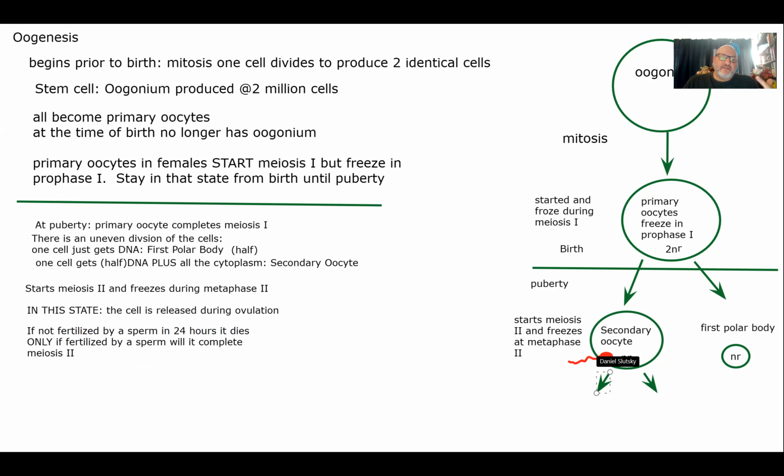And again, do you think it's going to divide evenly or unevenly? So again, we have a second uneven division, where again, we get 1 cell that is just the chromosomes. And we call this the second polar body.